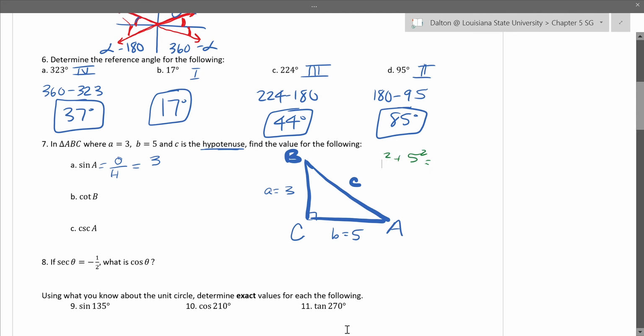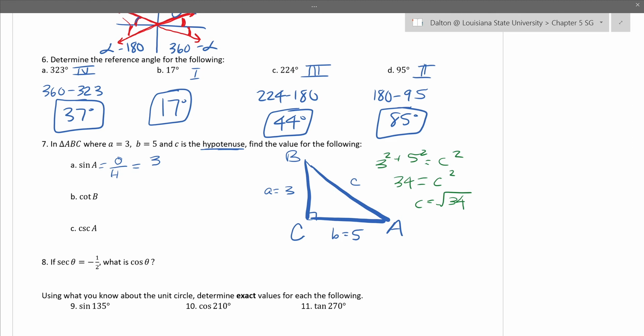What was that? 3 squared plus 5 squared equals c squared. 3 squared plus 5 squared is 34. 34 is equal to c squared. So then c is going to equal the square root of 34, which there are no square numbers that divide evenly into 34. So that's as small as it can go. So for the sine, I put 3 over the hypotenuse, the square root of 34.